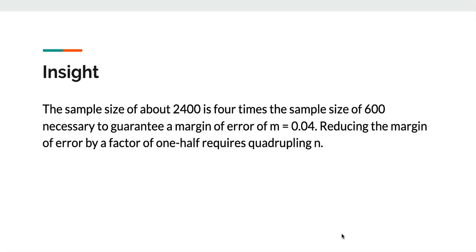And you remember that 600 was when they wanted the margin of error to be 0.04. But if they want the margin of error to be half, they're going to have to sample 2,400 people. The new sample size of 2,400 is necessary to guarantee a margin of error of 0.02.